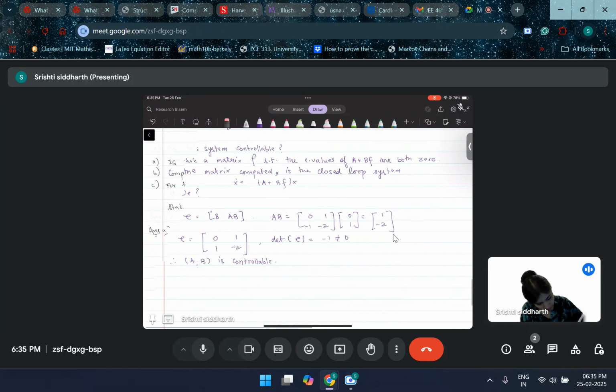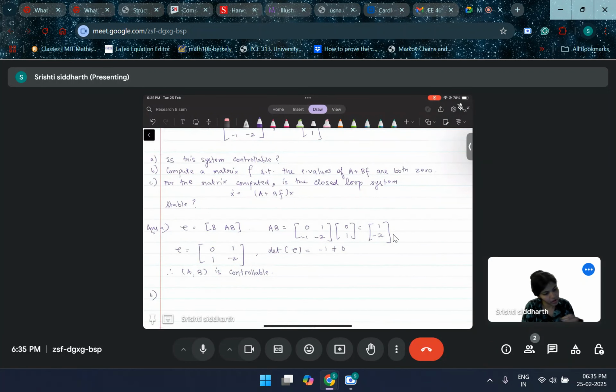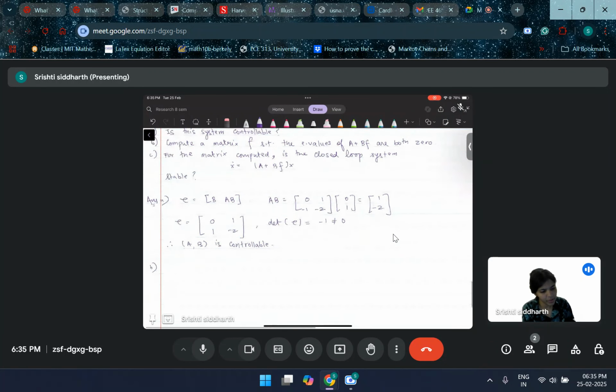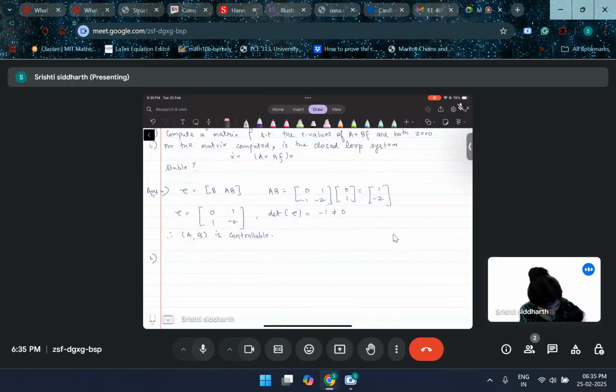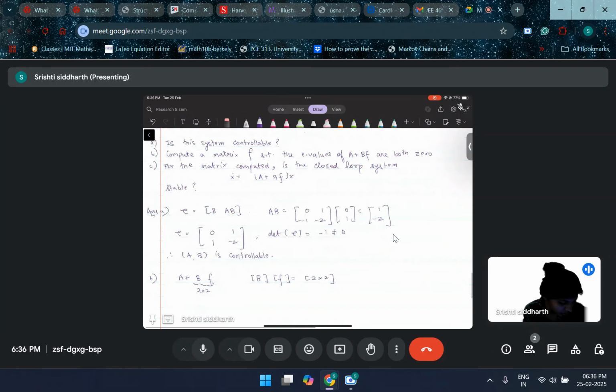Alright. Now we have to find the matrix F such that the eigenvalues of A plus BF are 0. So let's first find out the dimension of F. A is 2 by 2, and B is the column, so that's 2 by 1. This means F is simply going to be 1 by 2.